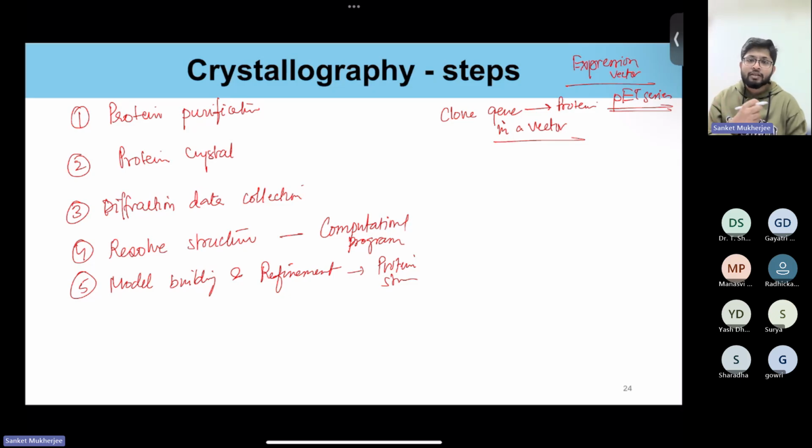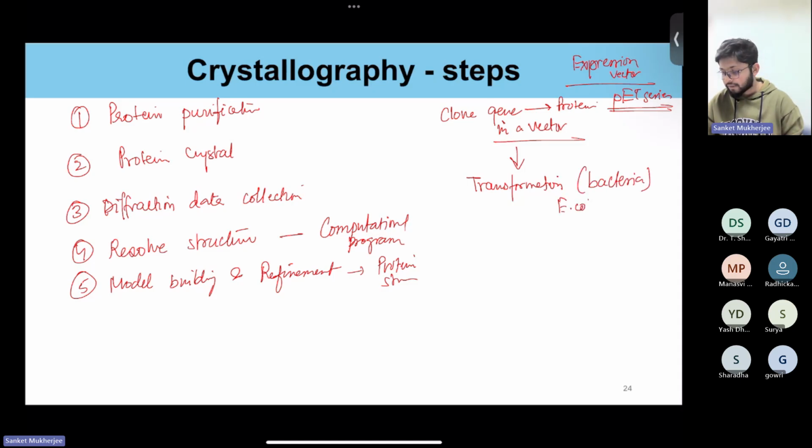Sometimes you take the gene from humans, then express the same gene in a bacteria. So let's see how it is done. You will clone the gene first, then you will perform transformation. Transformation is basically insertion of this DNA into a bacteria. As I told you, these are usually E. coli strains.